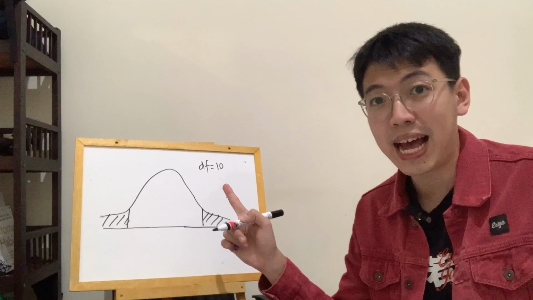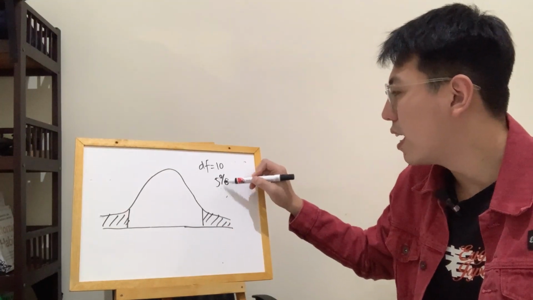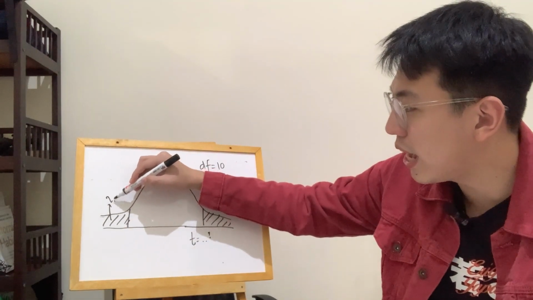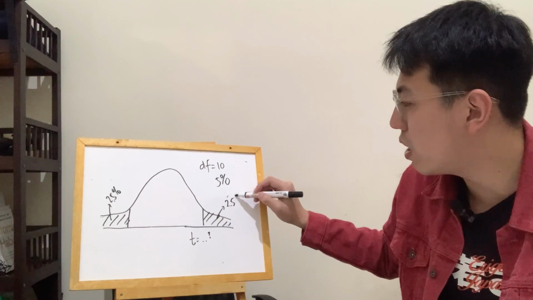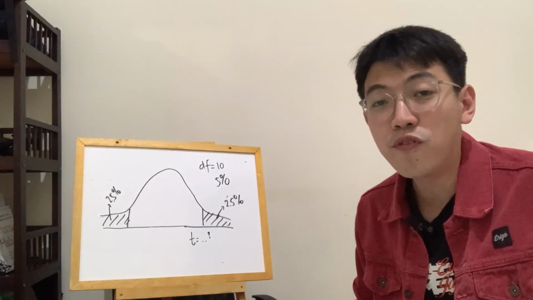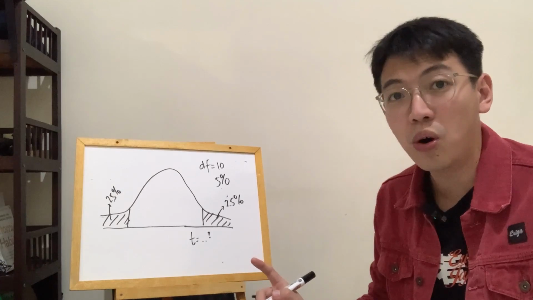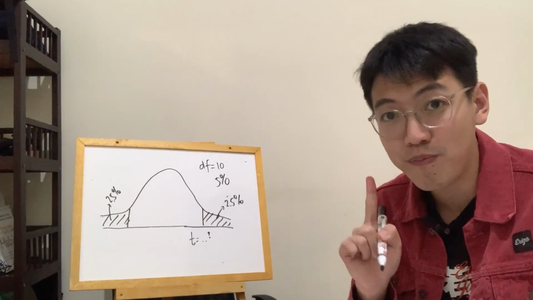How if the question is like this? The df is 10 and the total shaded area is 5%. 5% divided by 2 is 2.5%, and this is 2.5% as well. You need to find in the t table df 10 and the area of 2.5%, not 5%.